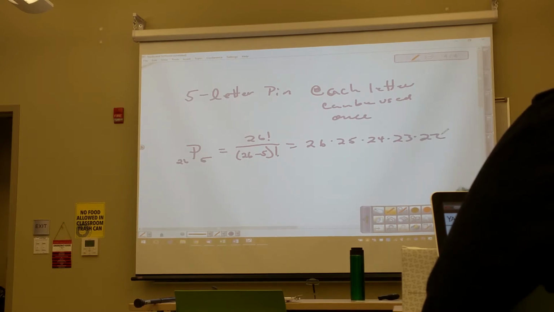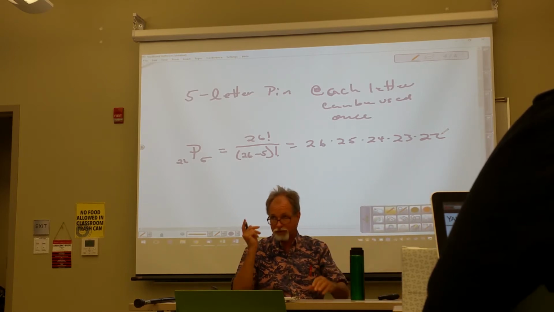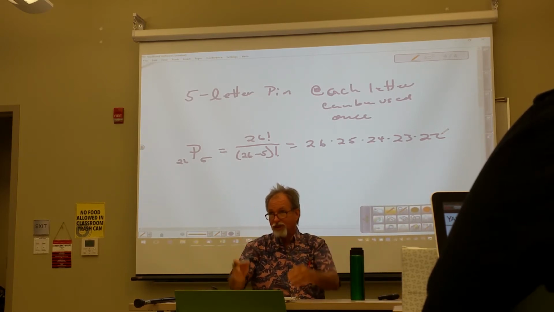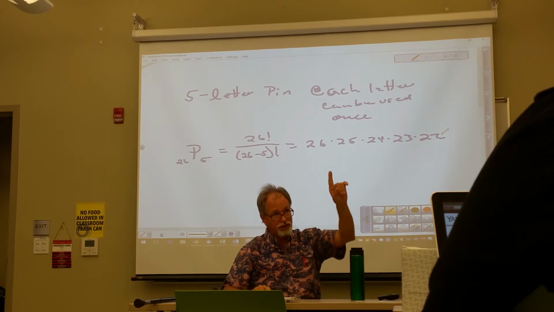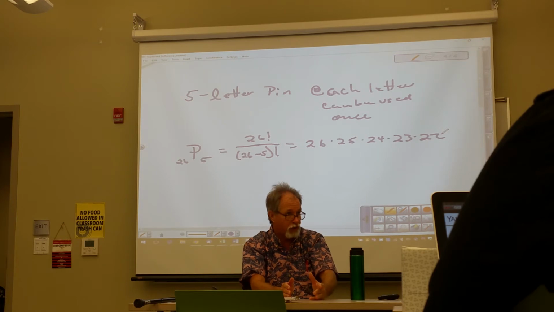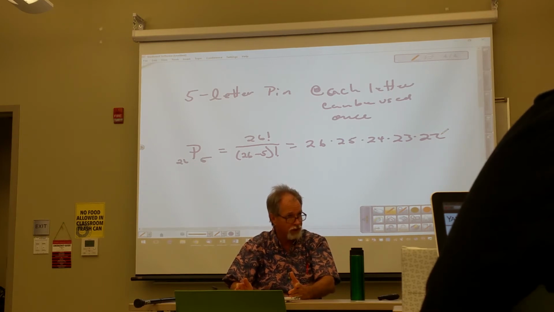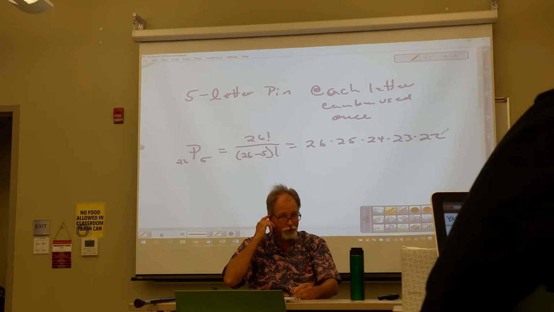And I can actually do this as a basic counting problem. I really don't have to use a permutation. Because if I can only use each letter once, in the first slot I can use any one of 26 letters. In the second slot I can only use any one of 25, and 24.